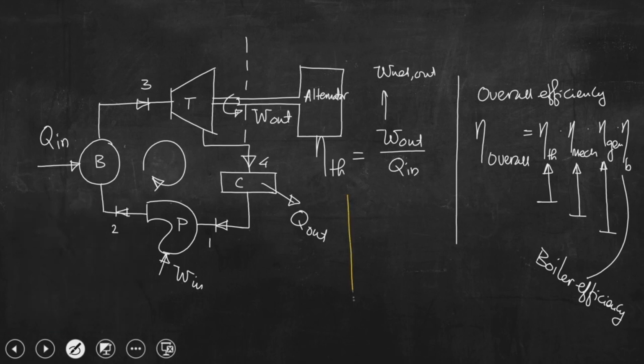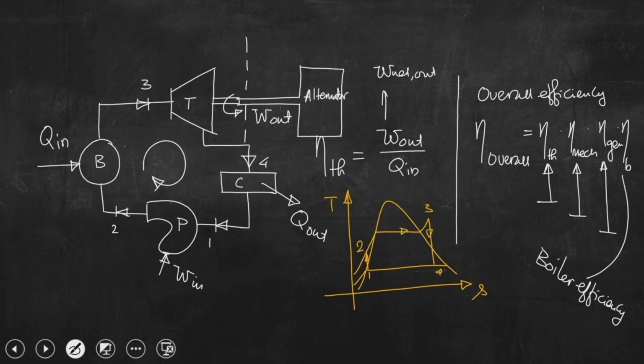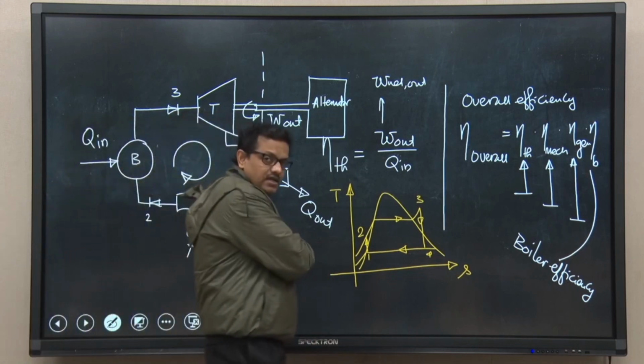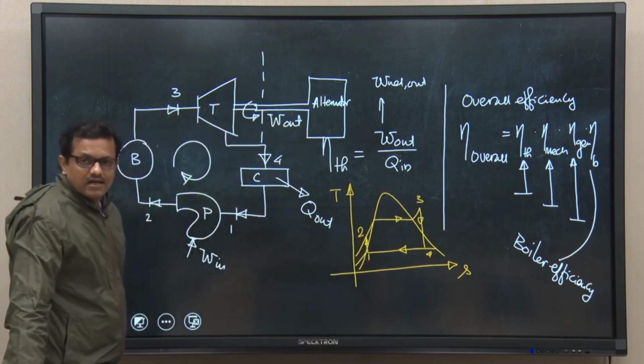So, if we draw the TS plane, right, this is, say, the Rankine cycle, the modified Rankine cycle, that is, steam is superheated beyond the saturated state up to 3.